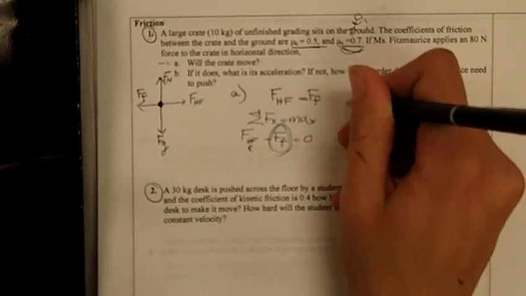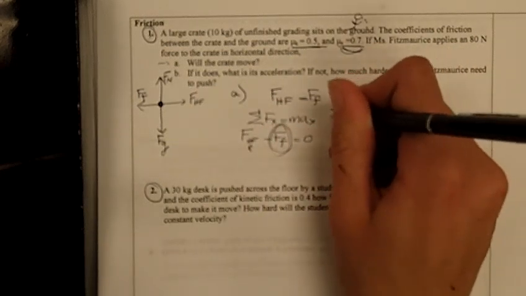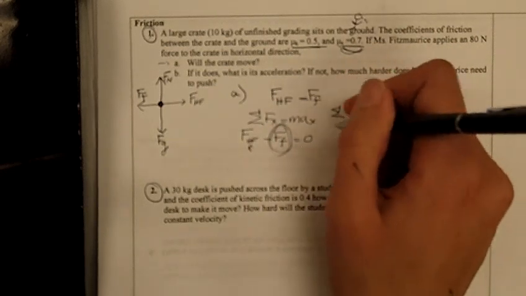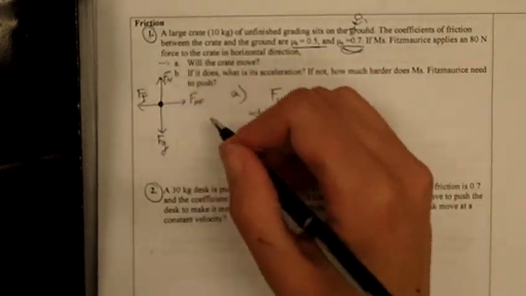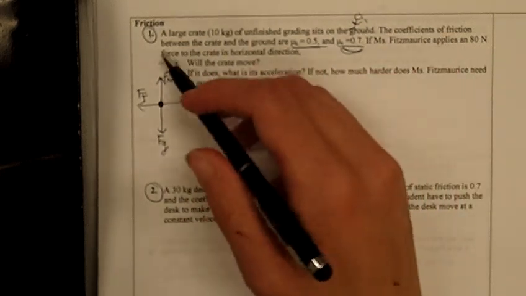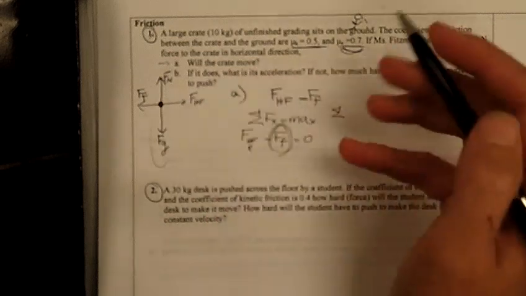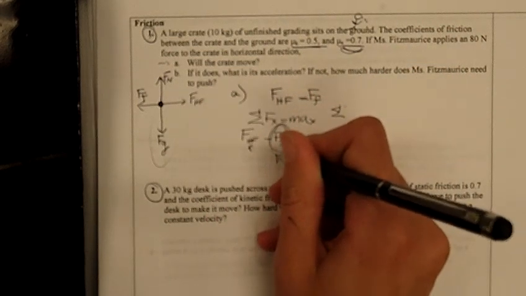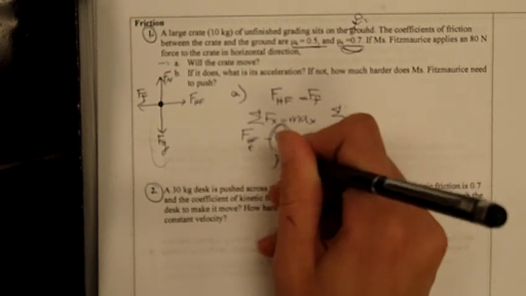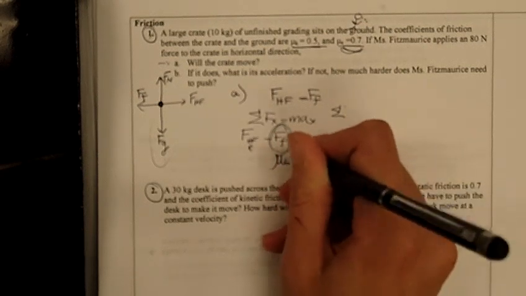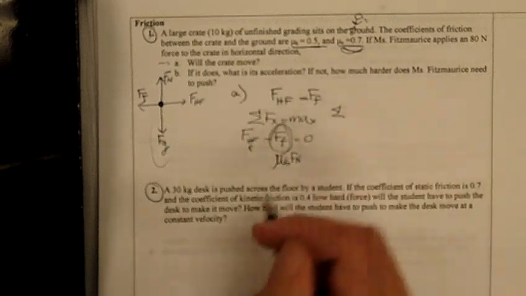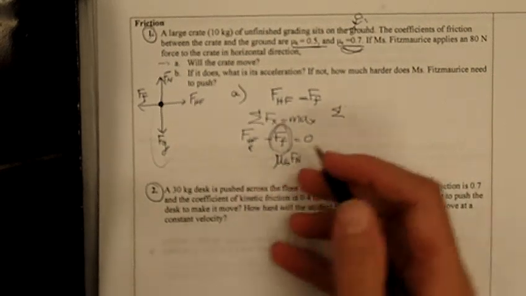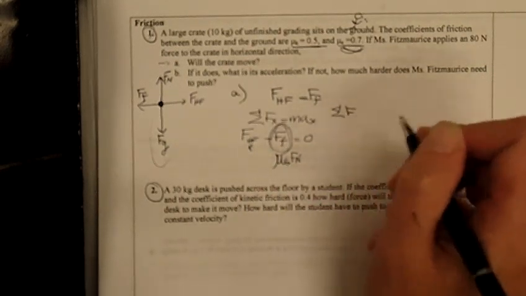In the y direction, you might be saying, why do I care about x? Why do I care about y? I care about y because I don't know what Fn is, because Ff, the force of friction, is really mu s times Fn.